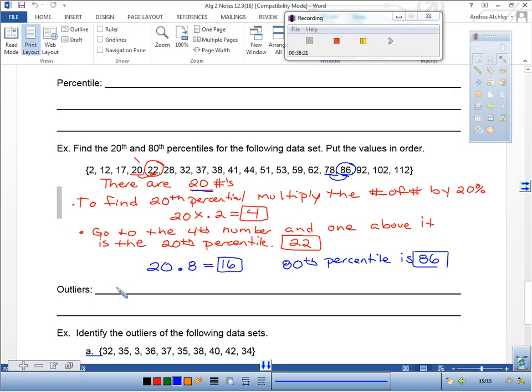Okay, outliers are numbers that are bigger or smaller than most of the data.